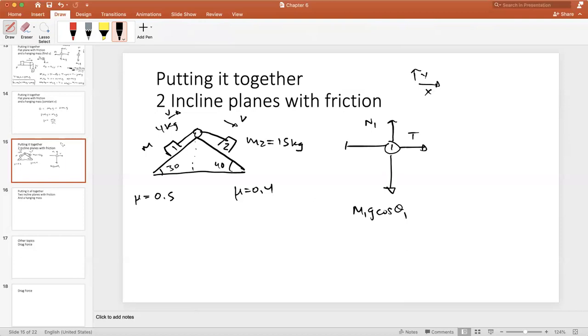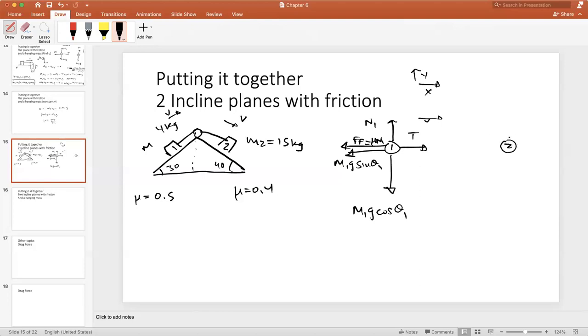It's going to have a force of friction, which is mu1 N1. And it's going to have a weight, M1G sine theta 1, down that incline. But it's trying to travel that way. We're going to assume at the beginning of this problem it is traveling that way.